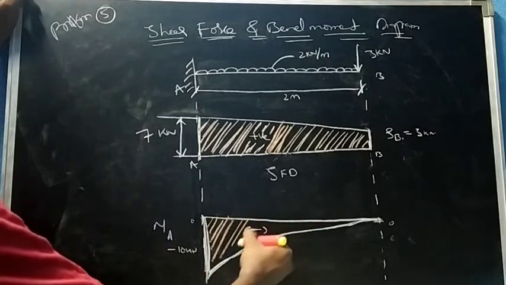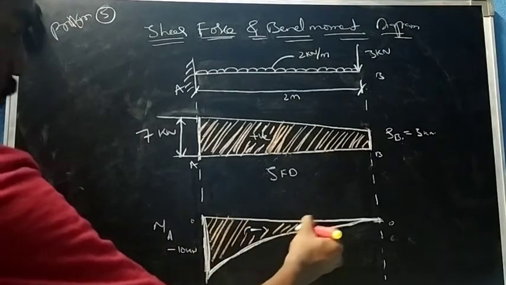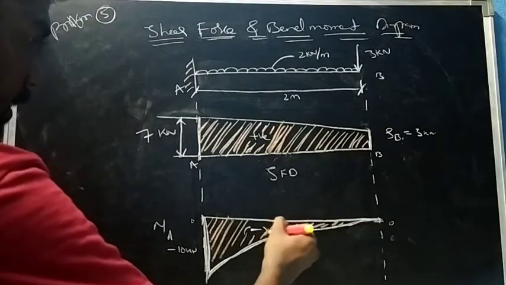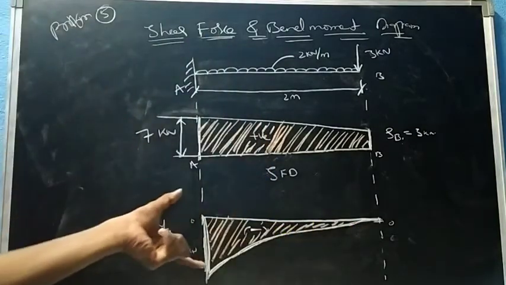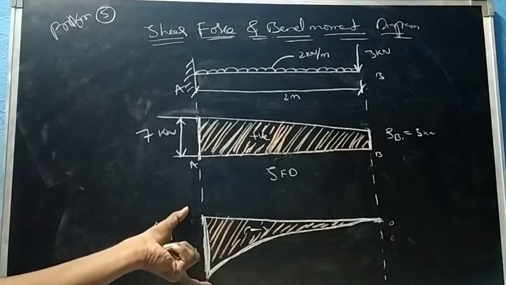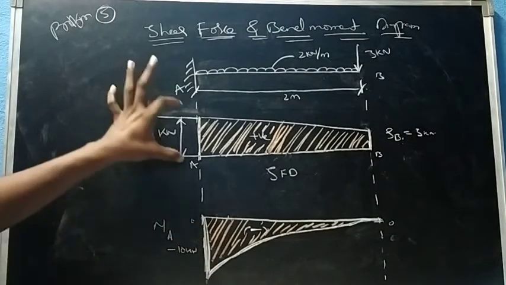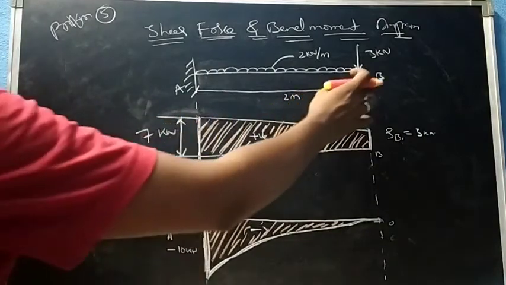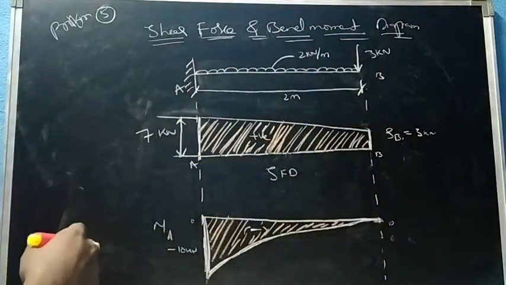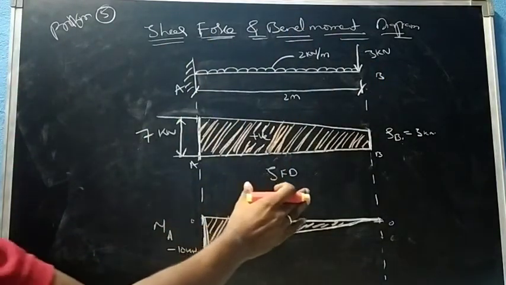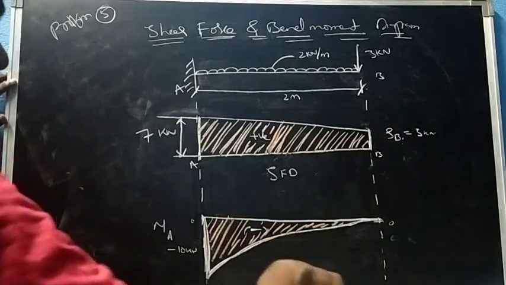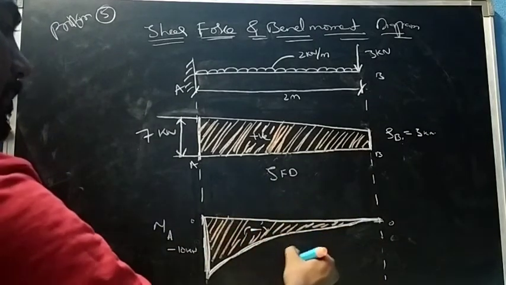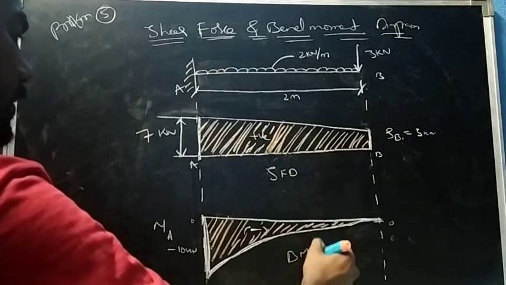You can see that for the cantilever beam, the maximum bending moment is at A, and the maximum shear force is at A and also at B, right? So this is how you can find the shear force and bending moment.